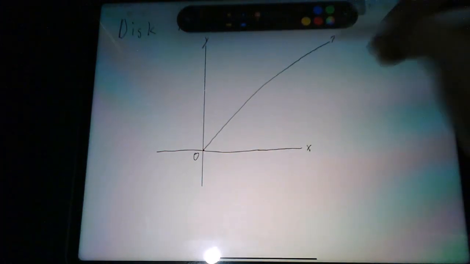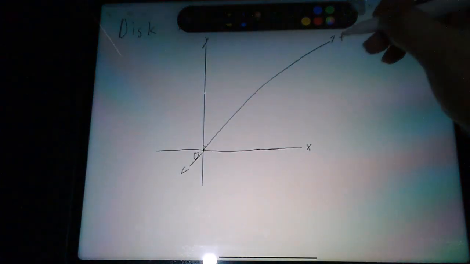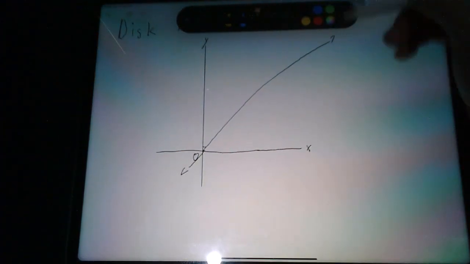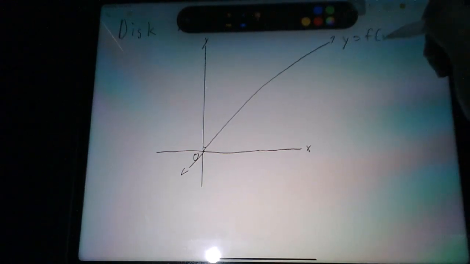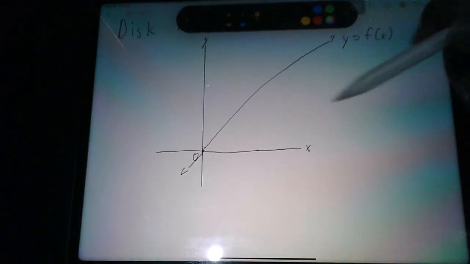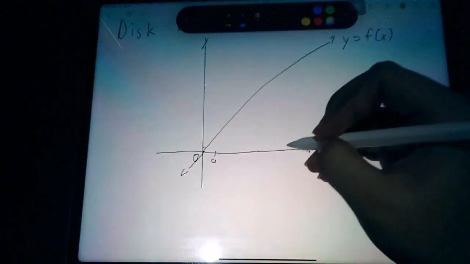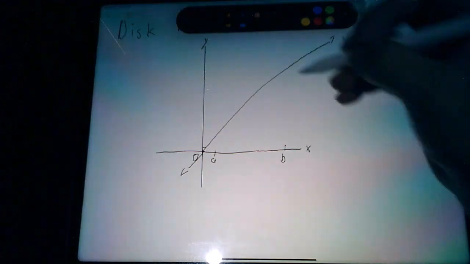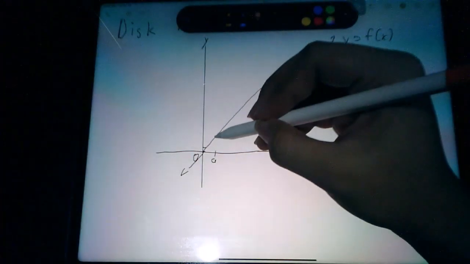This line is equal to f of x, y equals f of x. Now let's say this line is bounded by the area between points A and B. So now this is our area.